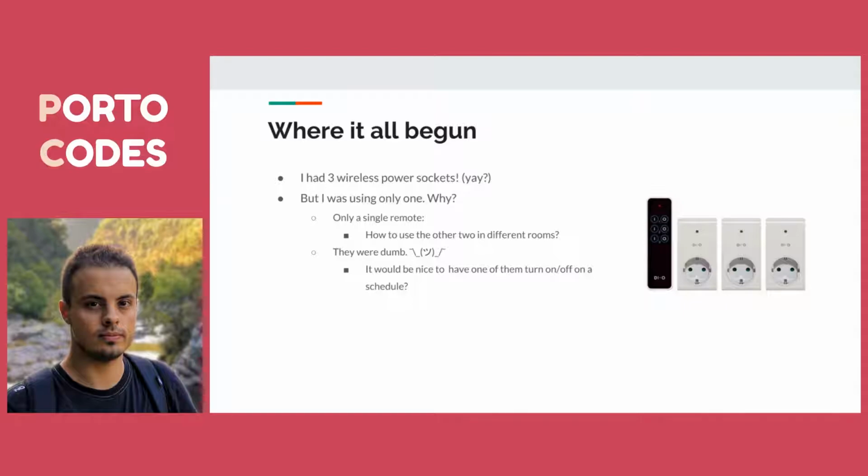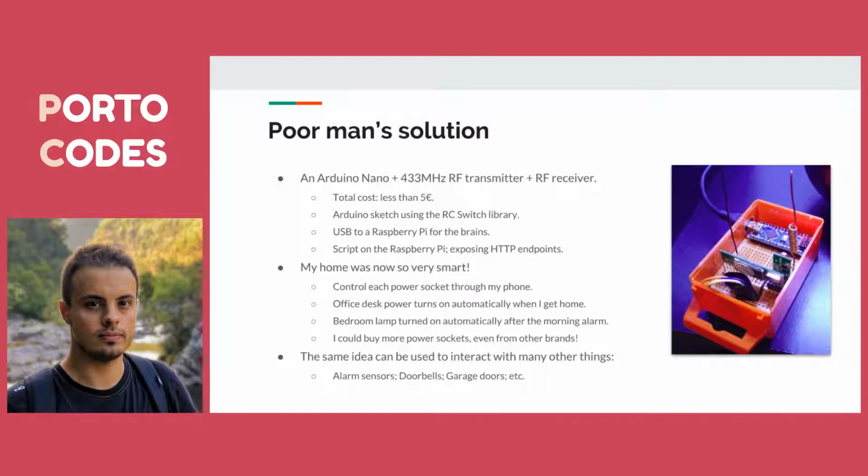I didn't need any more plugs in the bedroom, so I couldn't use the other ones in the rest of the house because the remote was in the bedroom. So for a few months, I haven't had any use for the other 2 plugs.